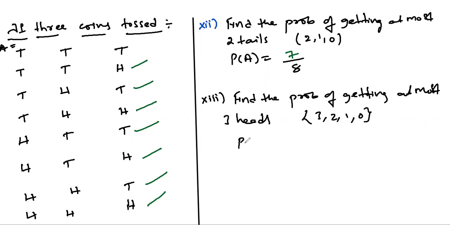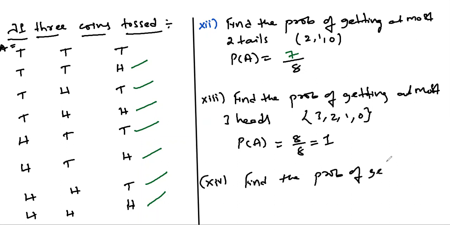For this no need to check, because each and every case will come, so it is 8 out of 8, which is equal to 1. Find the probability of getting at most 3 tails.